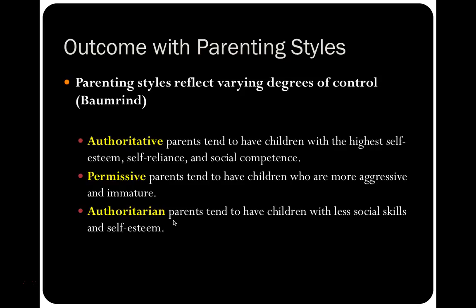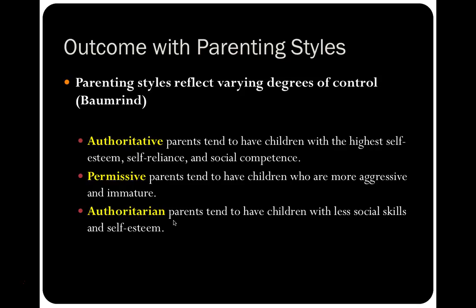Okay, what kind of adults do these styles produce? Well, authoritative parents tend to have children who have the highest self-esteem, and that tends to carry over into adulthood, who are self-reliant and who show a lot of social competence.